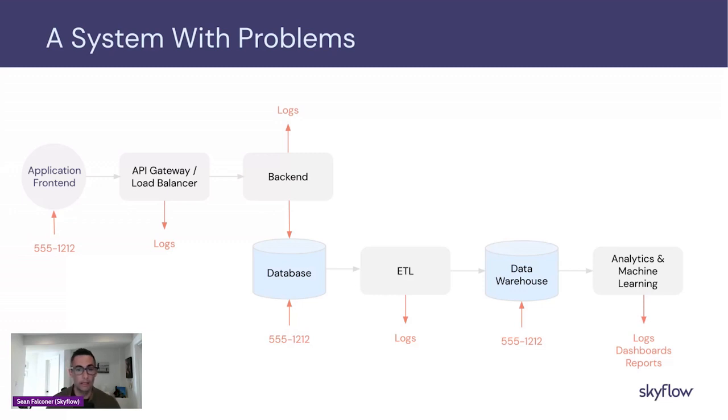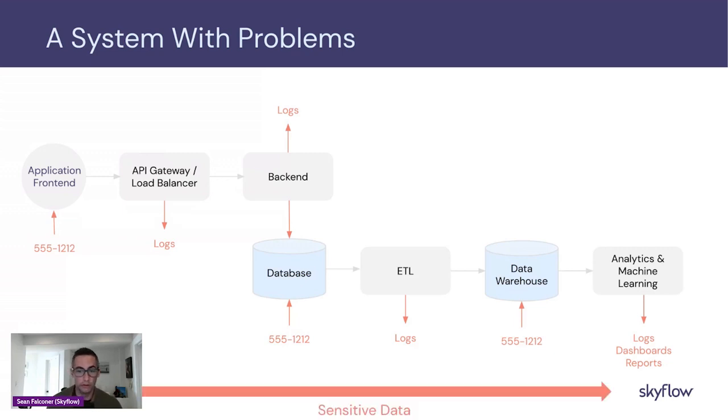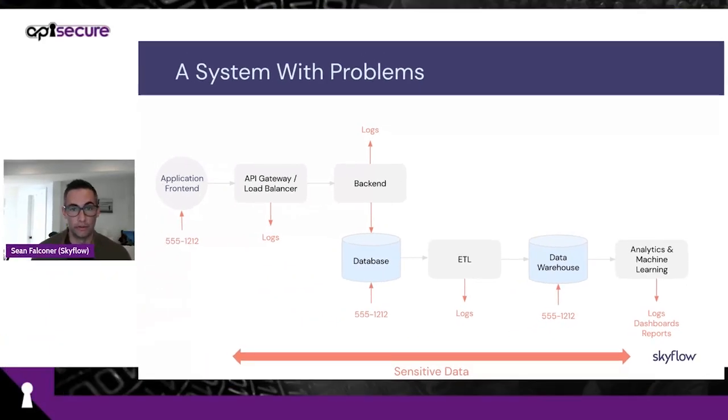And along that way, each of these different services end up, or potentially end up, writing that information into a log file somewhere. And the data is also going to be written into our database and our data warehouse, on purpose, essentially. And the reason this is a problem is that you end up with this sensitive data sprawl problem. And it becomes very, very hard to answer basic questions like what data are we storing and where is it stored?